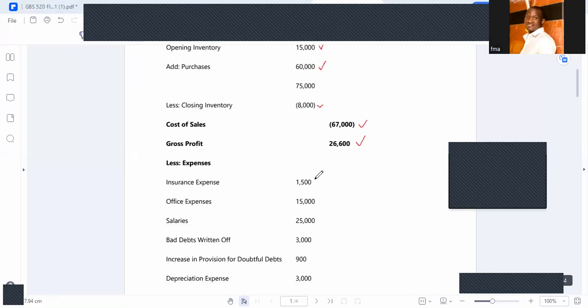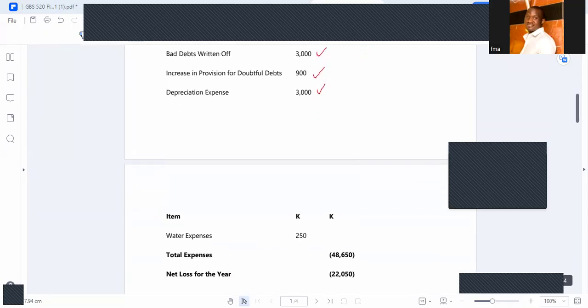Then we go to our insurance. We see how insurance changed from 2,000 to 1,500 because we subtracted the 500 prepayment. Office expenses as they are, 15,000 salaries, 25,000 bad debts written off, the 3,000 increase in doubtful debts, 9,000 depreciation was the 10%. Do you know where those are coming from? All right.